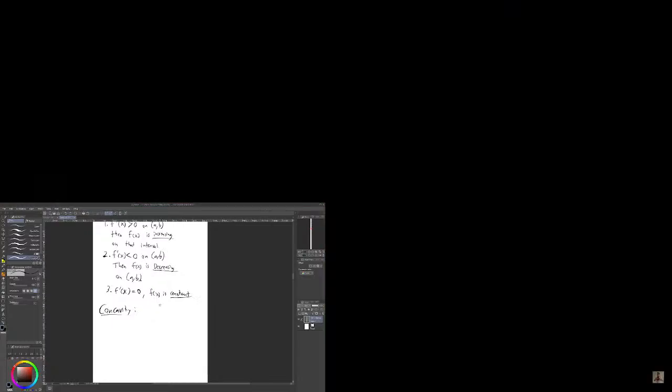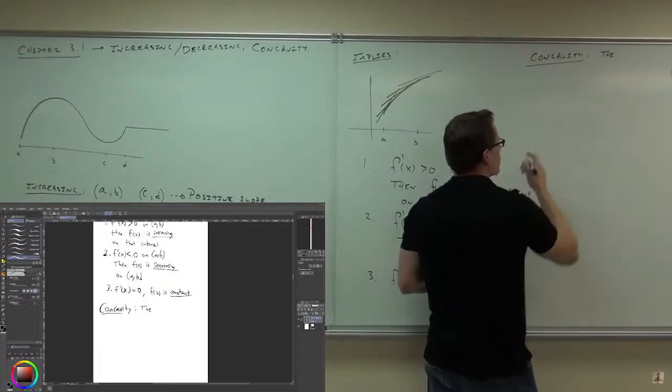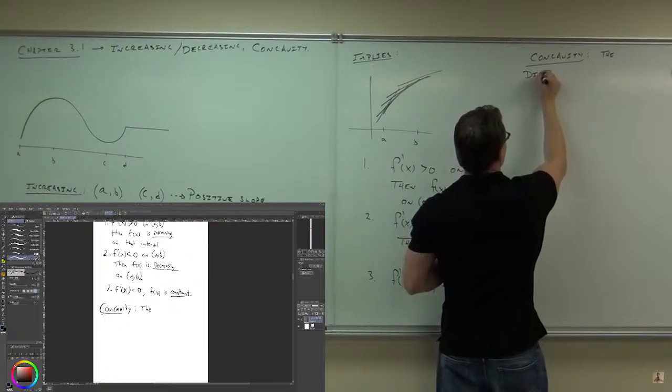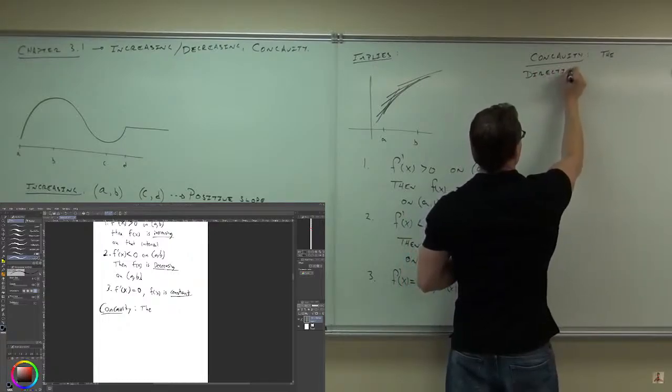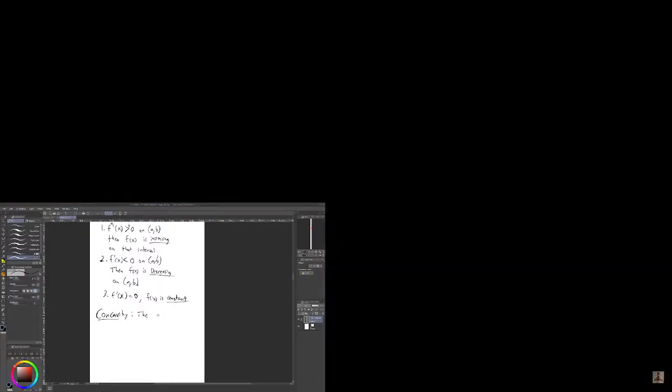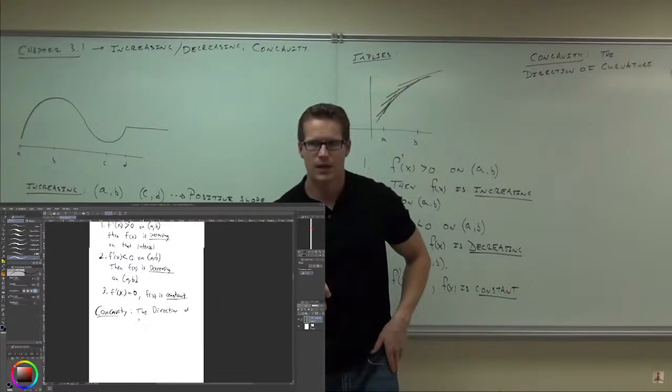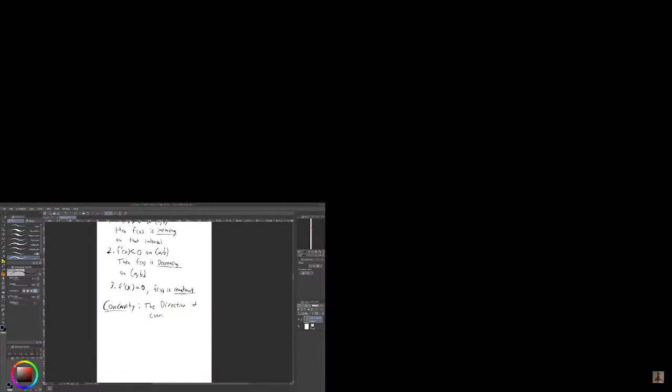Or the description of the curvature might be a better, I'll say direction, but basically, it's how the slope is changing.